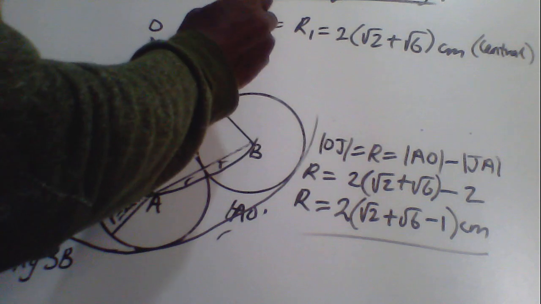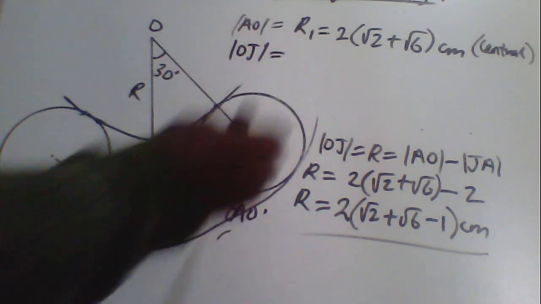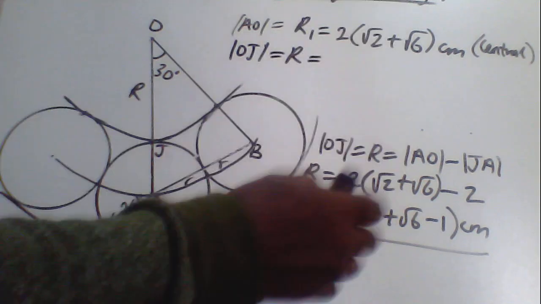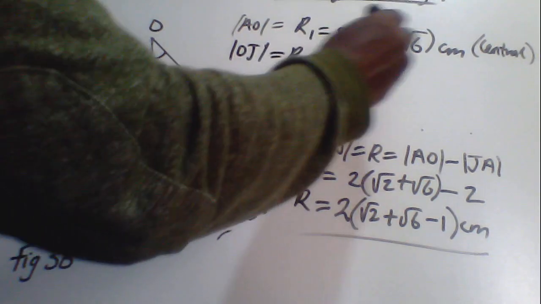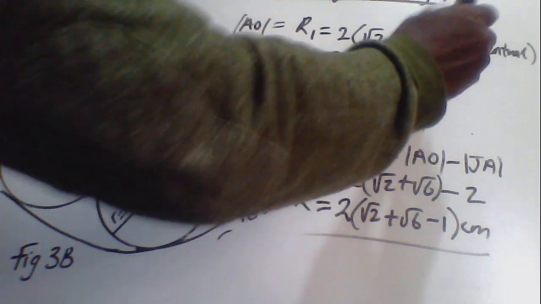Therefore OJ is equal to r, and that gives us 2(√2 + √6) minus 1 cm. This is for the internal circle.